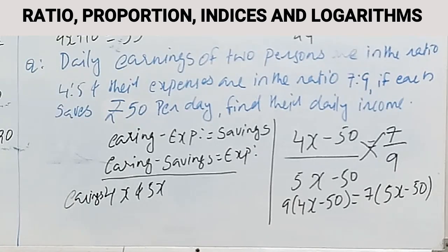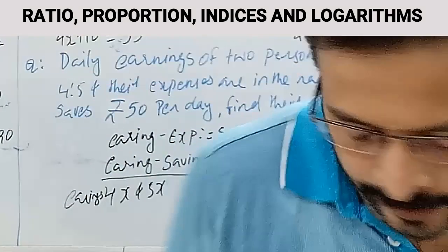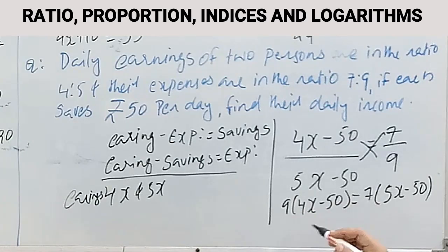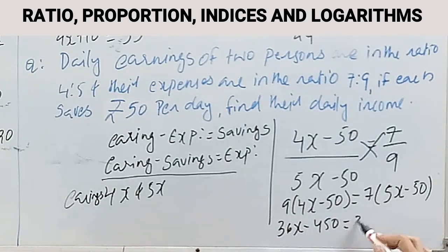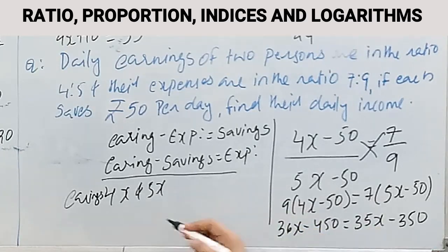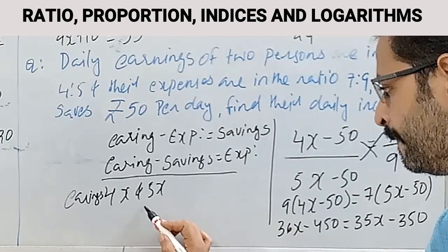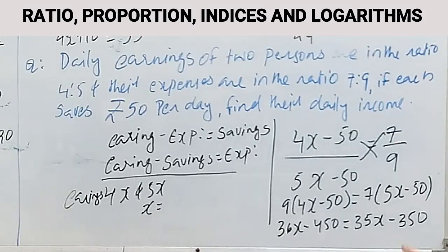By multiplying, you will get 9 into 4x, 36x minus 450 is equal to 35x minus 350. Taking 35x to the LHS, we will get x is equal to minus 350 minus 450 into RHS means plus. That means x is equal to 100.